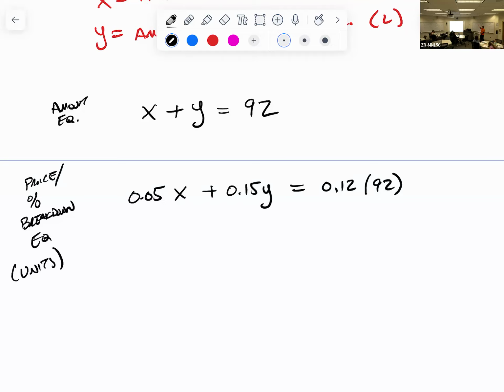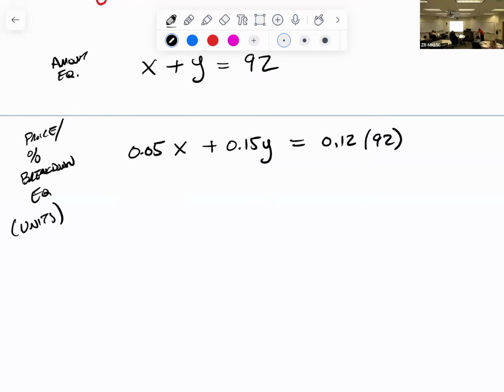Once I have that, we're ready to solve. This is what I want everyone to focus on, because this is the thought part: translating the math into the equation. From here, it's just details. So let's simplify this down one step.